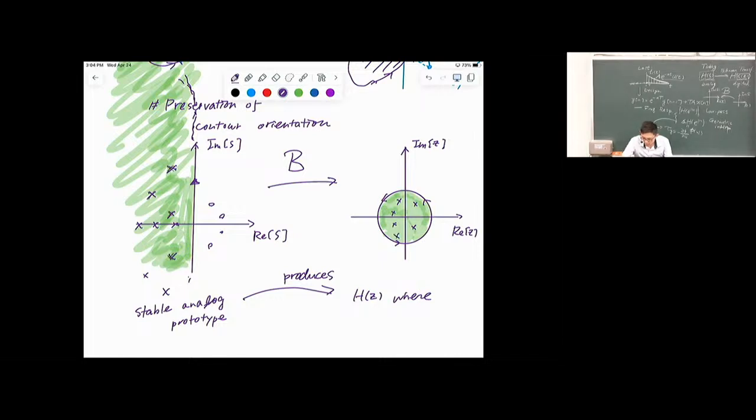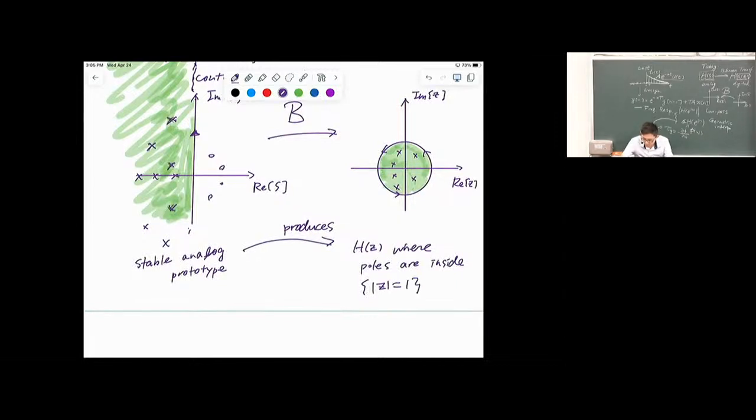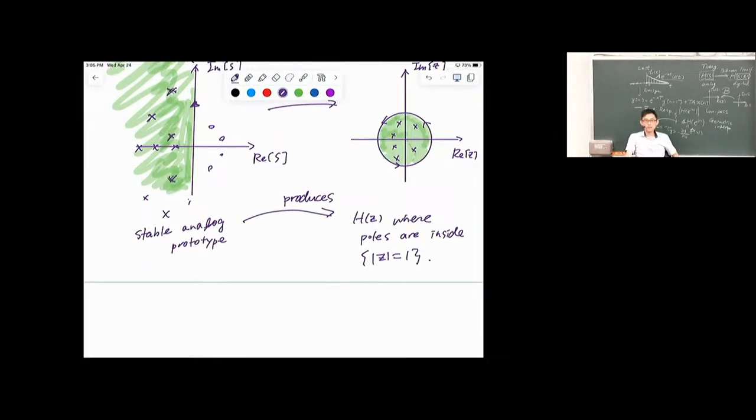Left-hand side of the S-plane is moved to the inside of the unit circle after the bilinear transformation.